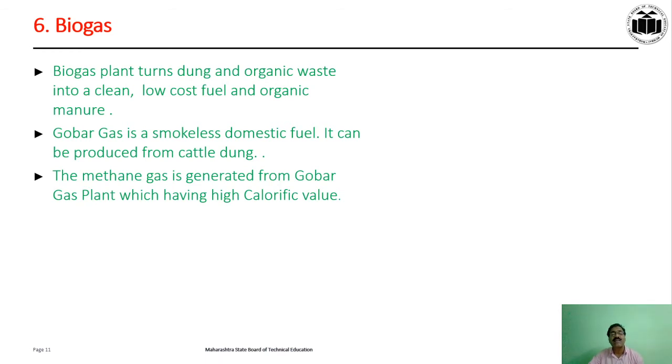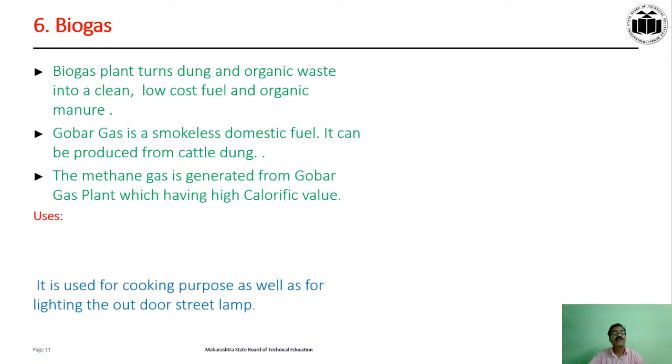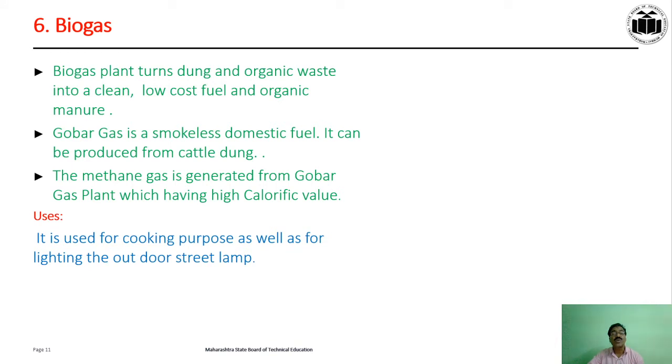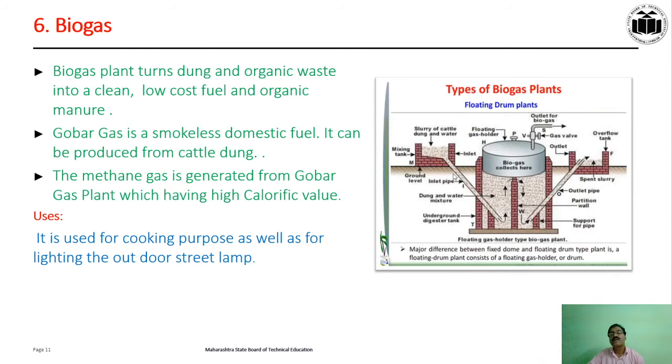What are the uses of gobar gas? It is used for cooking as well as for lighting outdoor street lamps in the villages. This figure shows how the biogas plant works on the basis of anaerobic sludge digestion.